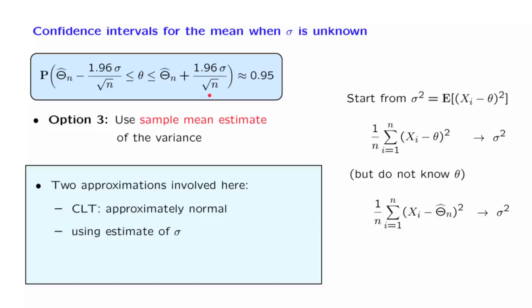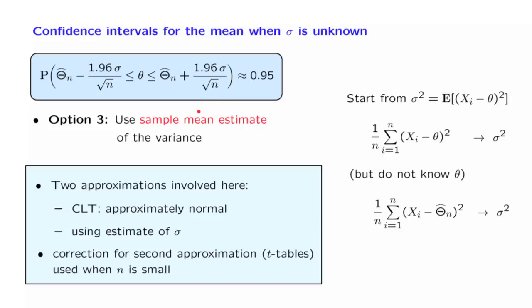There is a systematic way of doing that, and it involves using the so-called t-distribution tables, and those tables are going to give us certain numbers that are a little different from what we have here. So instead of 1.96, we might have a somewhat larger number.